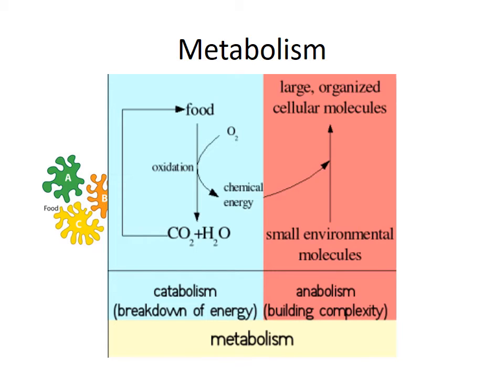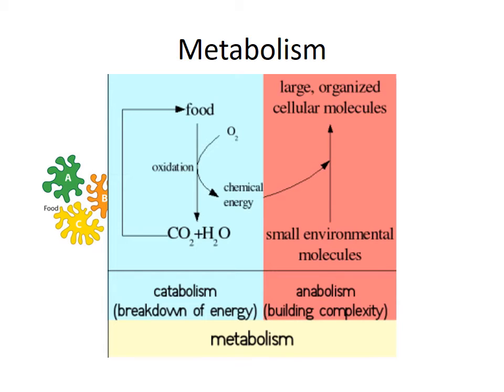So on the right-hand side of the diagram, the red part, we see we're starting off with small environmental molecules, and we're going to take the chemical energy that's been released from food, and we're going to use that energy to make larger, more complex molecules in our body. Again, that's anabolic pathways, as we can see down there.